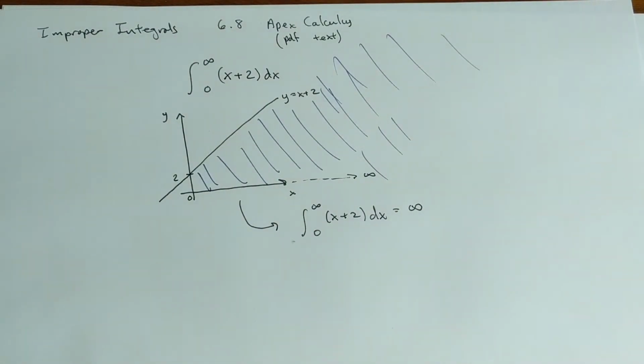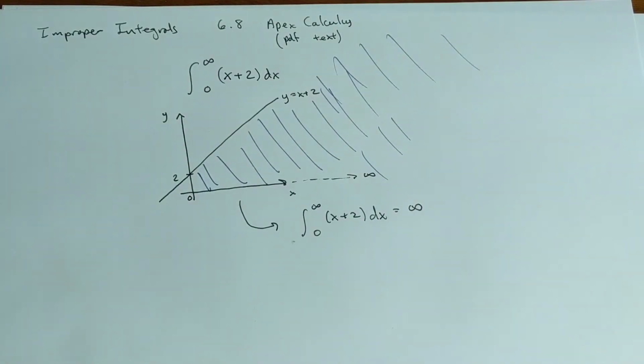And what we're more interested in, when we're studying improper integrals, are what are some functions whose improper integrals don't give us infinity, because you would guess most of them would.